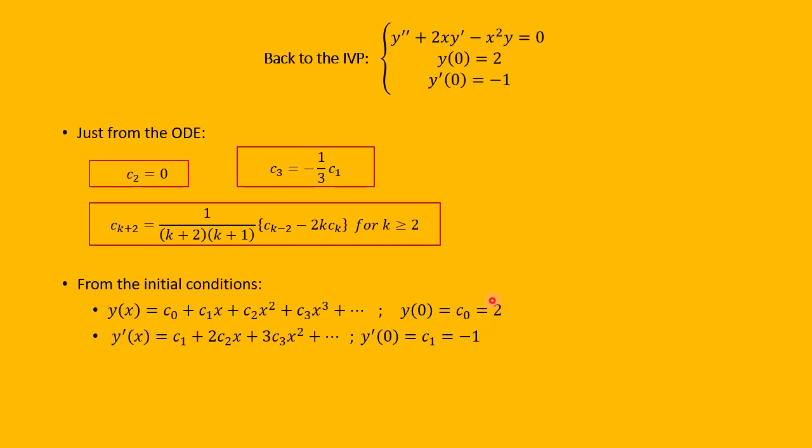And once these two are determined, then c sub 3 is determined by this equation, c sub 4 and further c sub k's are determined by this relationship, and so we end up getting a unique solution to this initial value problem.